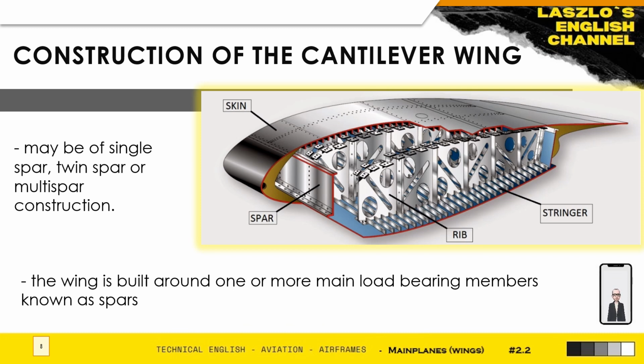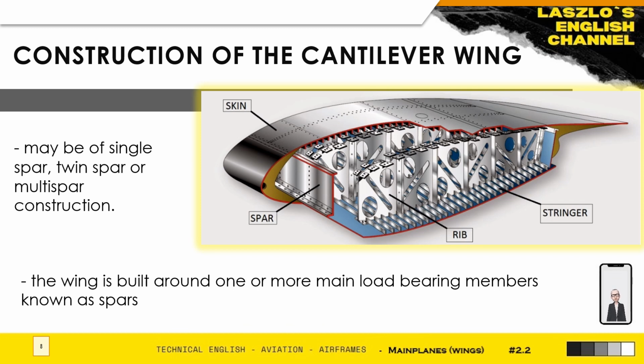And you will also see the ribs here. The ribs maintain the aerofoil shape of the wings, and they support the spars, stringers and skin against buckling. Okay, and they also pass concentrated loads from the engines, the landing gear and control surfaces into the skin and the spars. All right, so much for the construction of the cantilever wing.